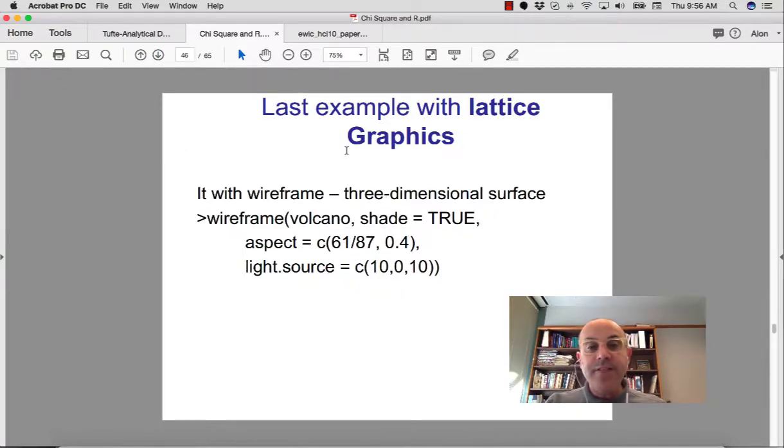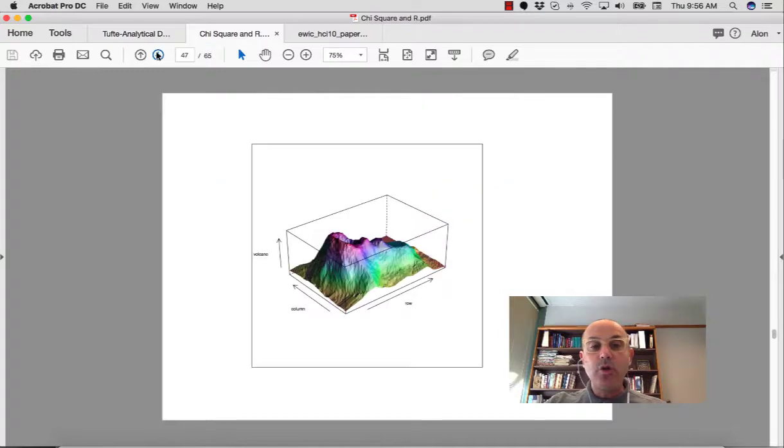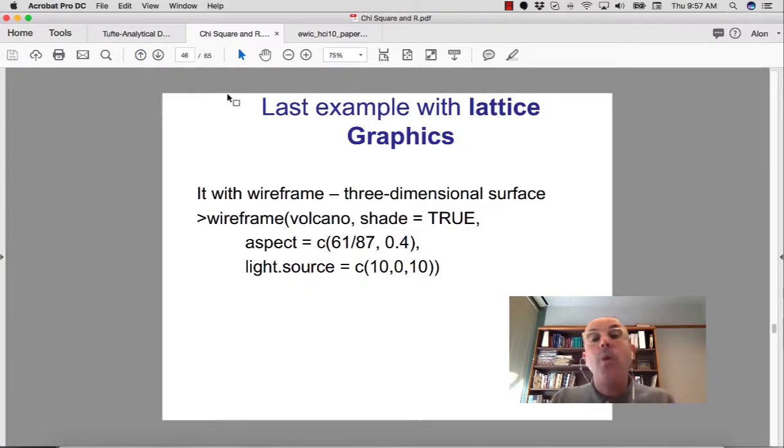One of the things that the package also uses is wireframe. Wireframe is the idea that we are able to apply three-dimensional space to the graphic itself, which is quite cool. In this case, I'm using wireframe with a database called Calzodi, and I'm applying light into it.